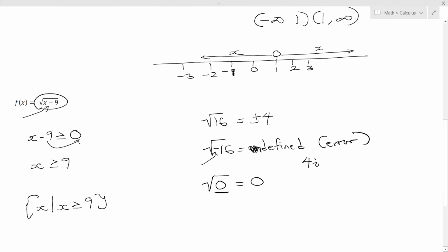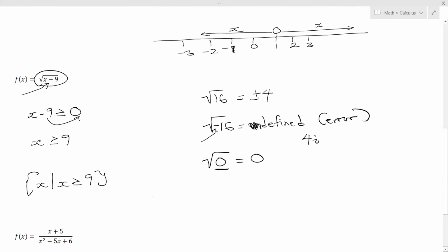And then for the interval notation, we can have 9 and then up to infinity. So 9 is included, so we're going to use a square bracket. You can see this is greater than or equal to 9, so 9 is included. And then we just put infinity here.